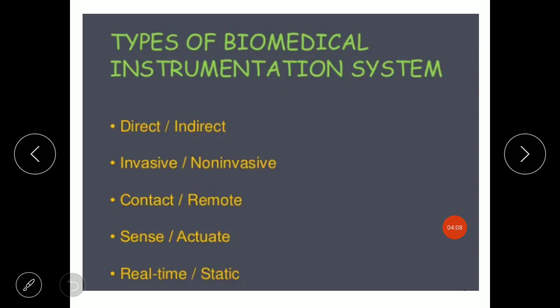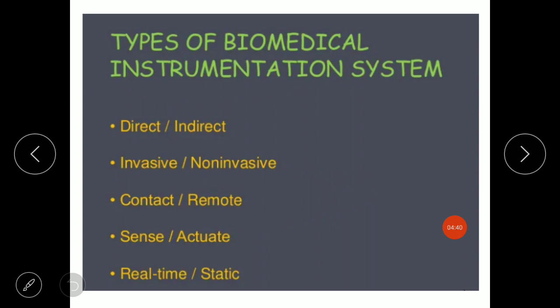Now, as I told you, this was the very broad classification, where biomedical instruments were classified into clinical instrumentation and research instrumentation. Biomedical instruments can also be classified as diagnostic and therapeutic. I've already mentioned in my first lecture that diagnostic instruments are those used to detect a disease, whereas therapeutic instruments are used to cure that disease.